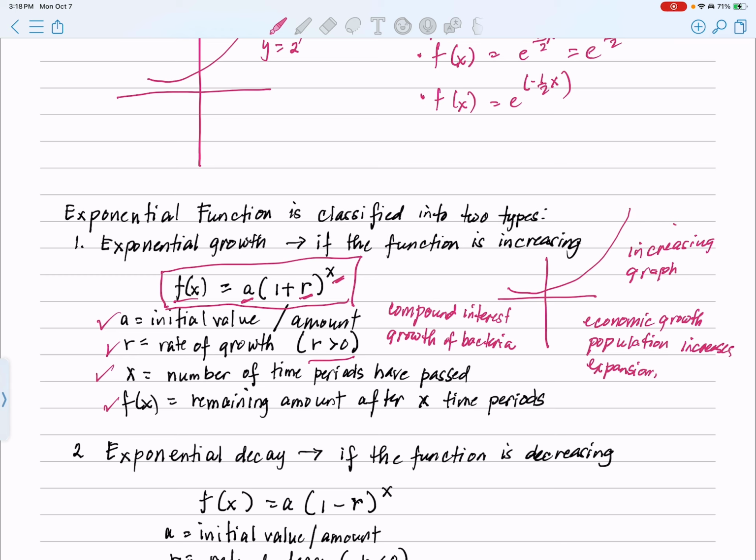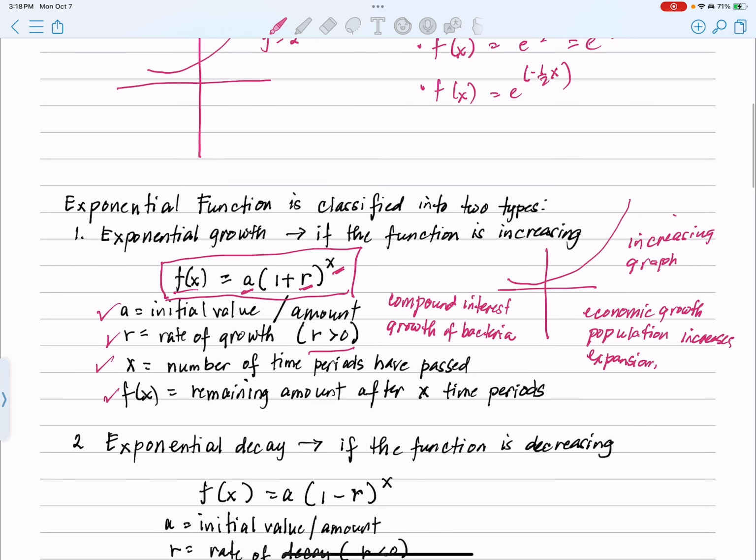All right, I will be giving you an example problem on exponential growth later on.